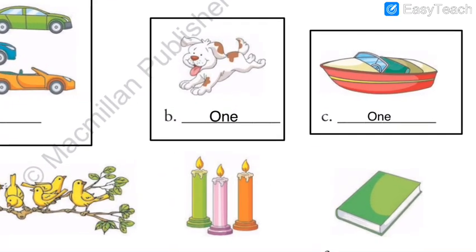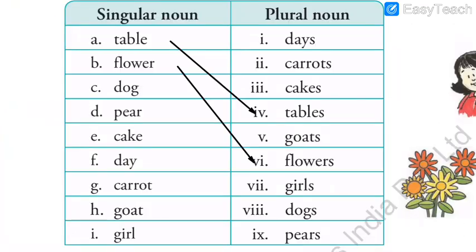Here is the dog in the picture. If there is more than one dog, we need to add s at the end of the word dog and the word will become dogs. Correct? Similarly, pear, pears.